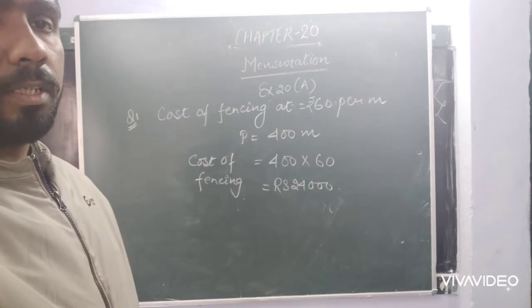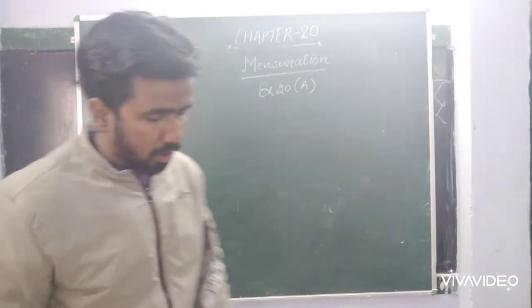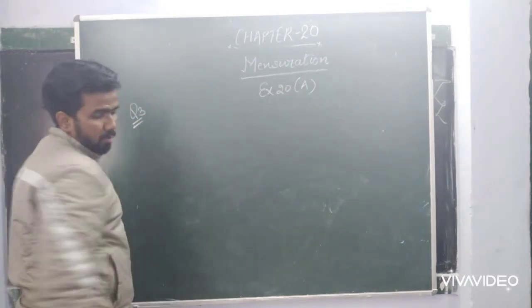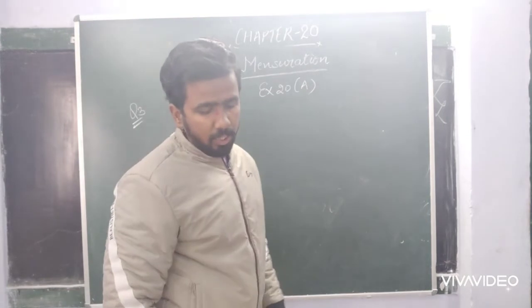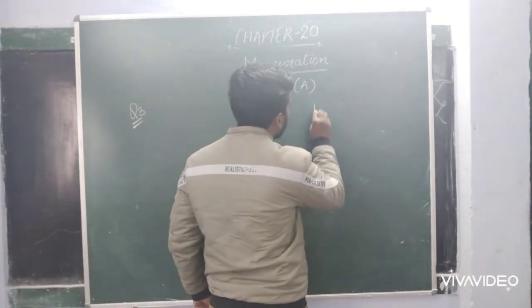Now let's see the next question. Now let us see question number 3. Question number 3 is saying that the length of a rectangular field is given.